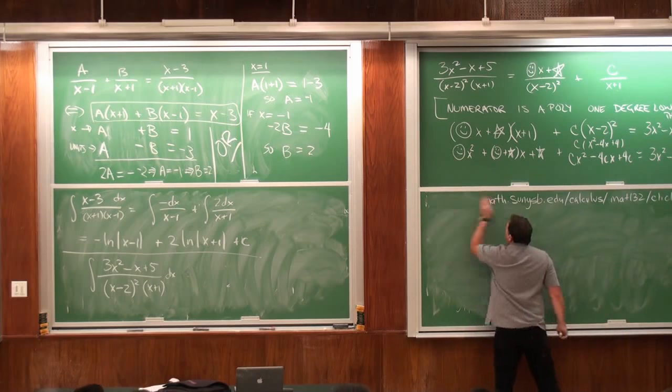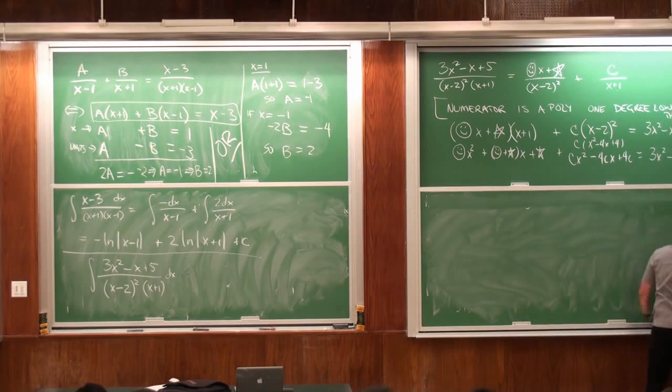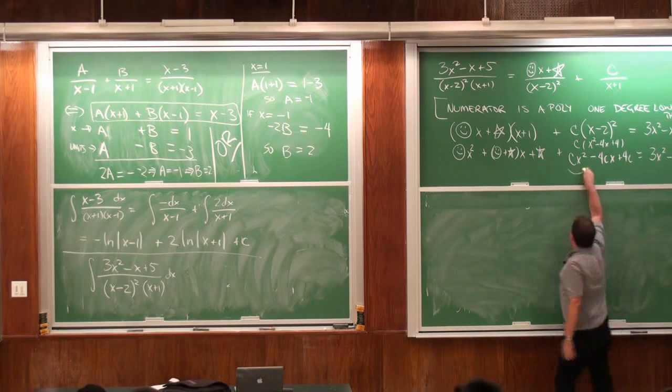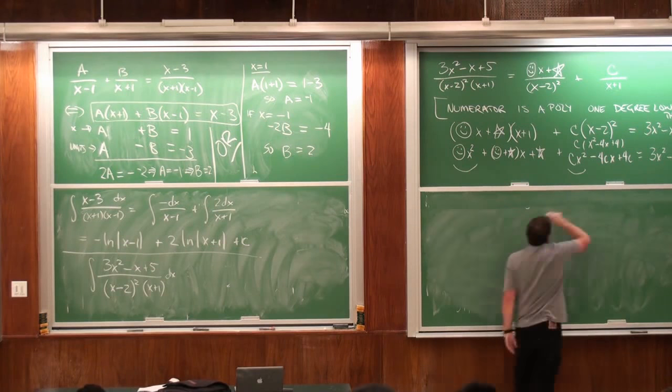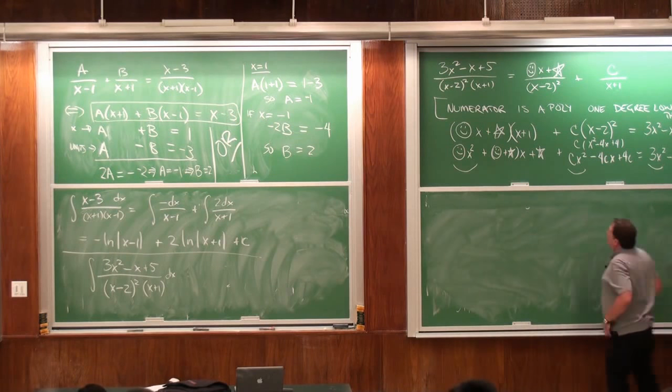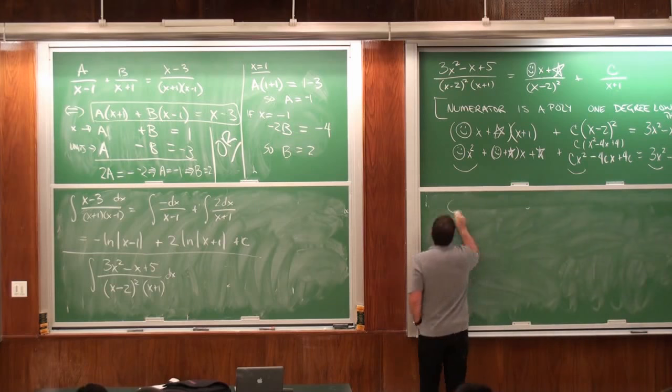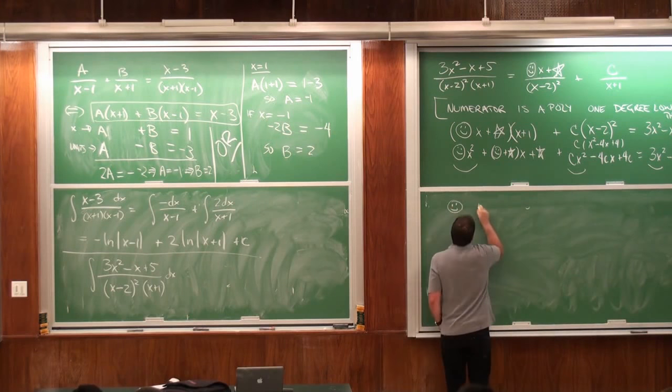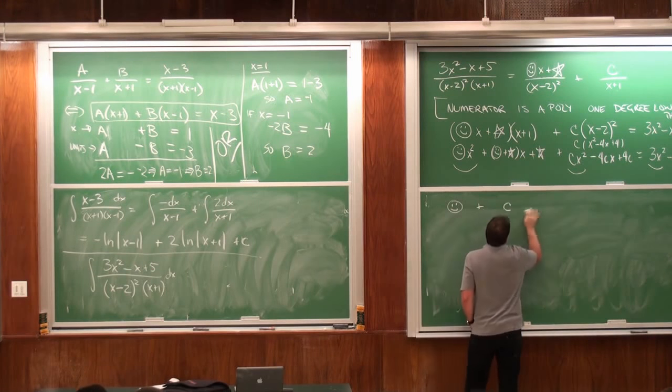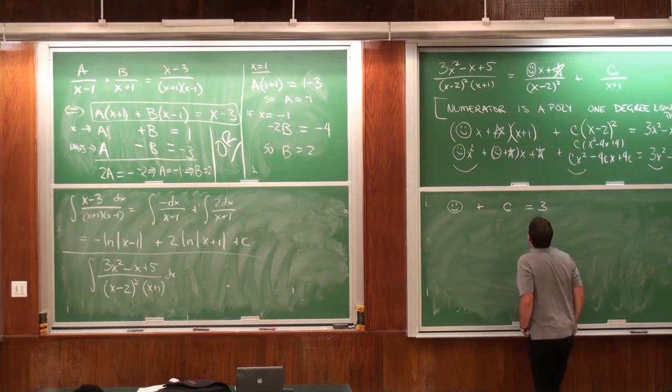And so from there, now we can match things. The x squareds give me a 3, so I have smiley plus c equals 3.